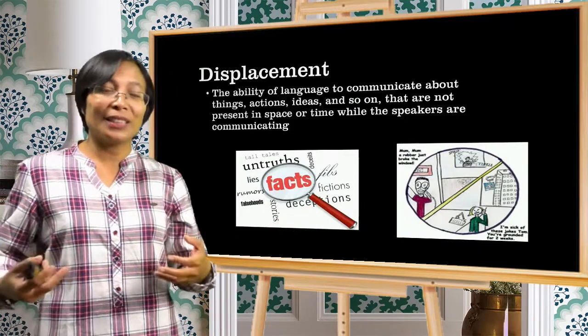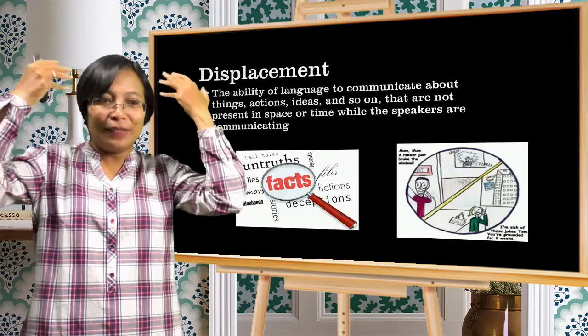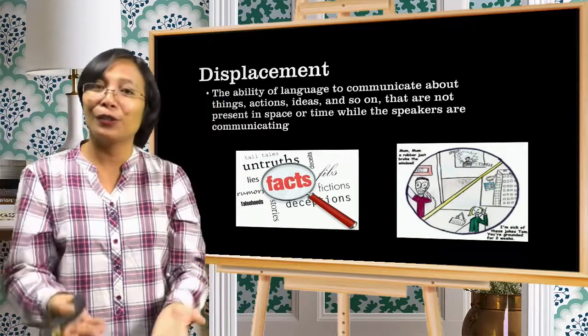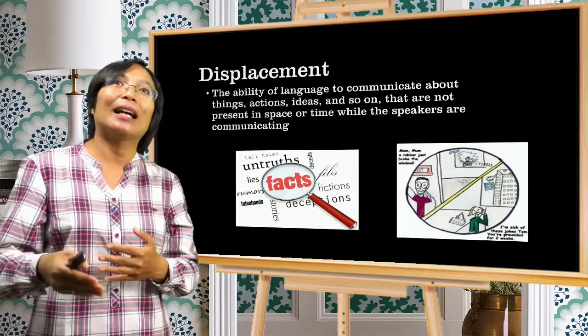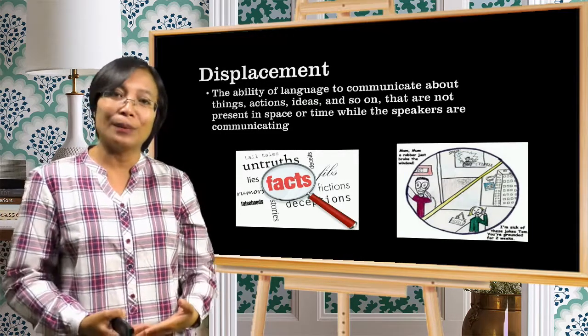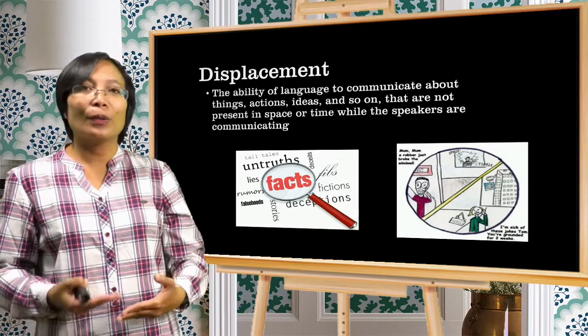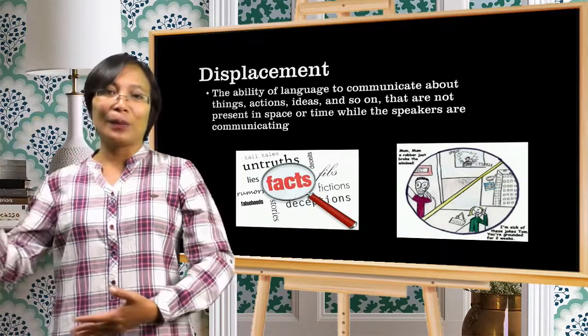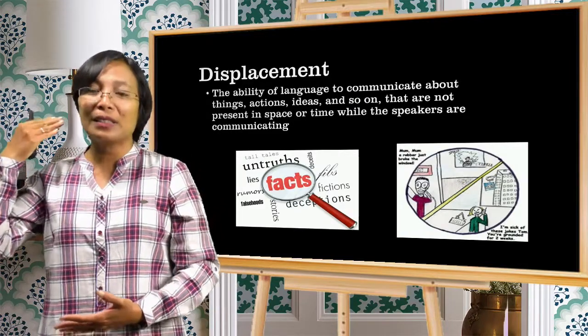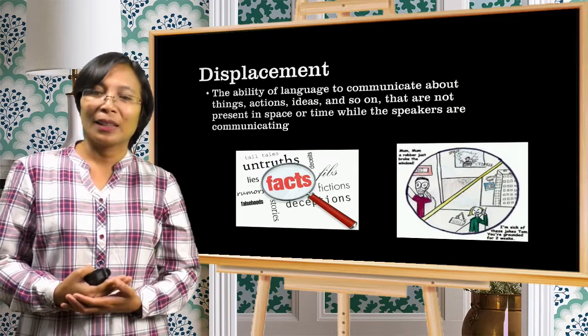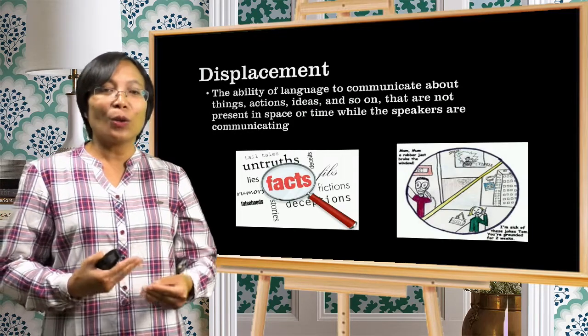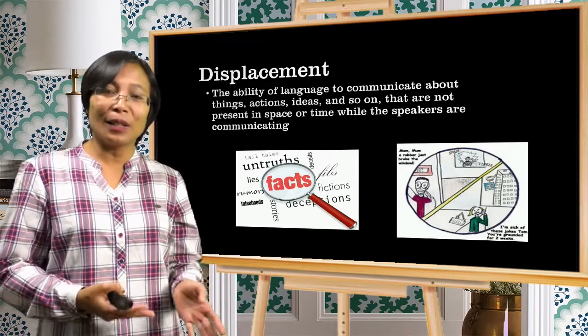We can also tell what we have in our mind about our future, something that is not happening now. Or we can also talk about something that already happened in the past. And we can talk to our mother who is not here.